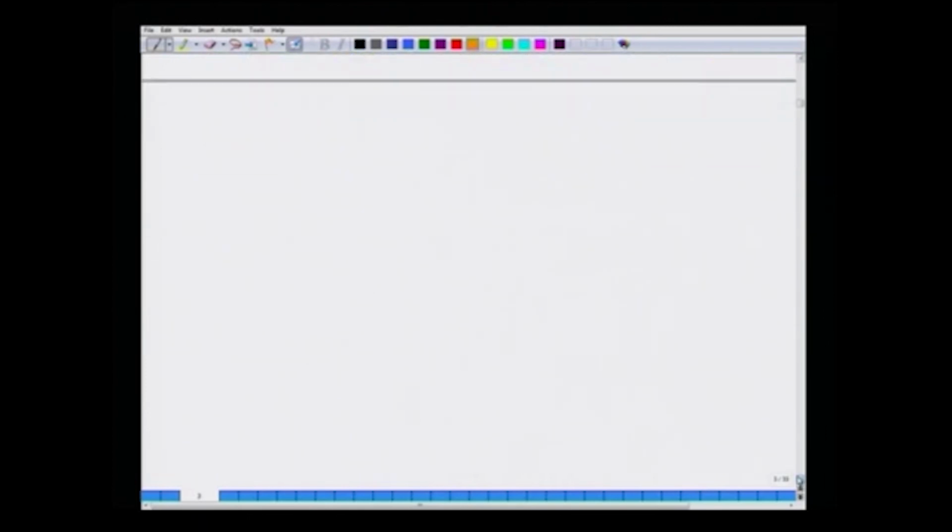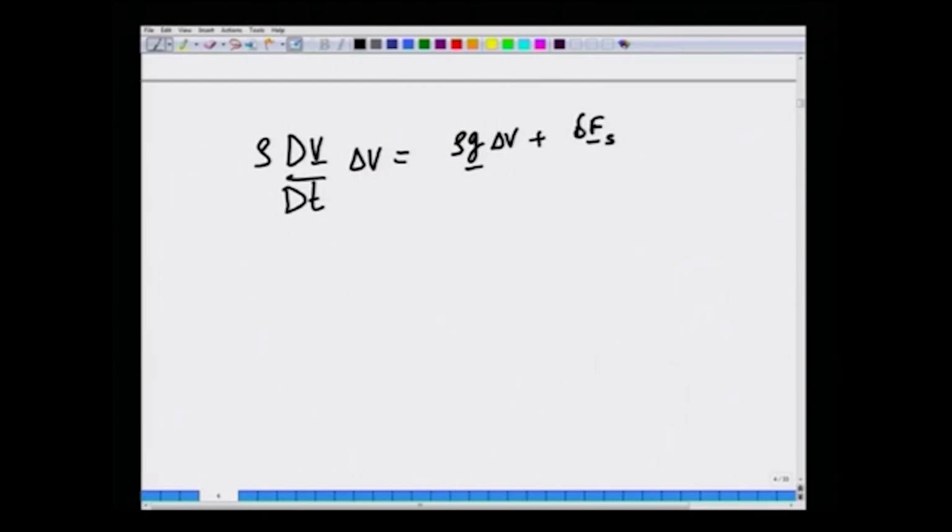Okay. Having done all this, we went back to the differential momentum balance, which simply said that it is rho g times delta v plus the surface forces acting on the cube. Now, the way we did it was to consider each face of the cube, and take each direction x, y, z.